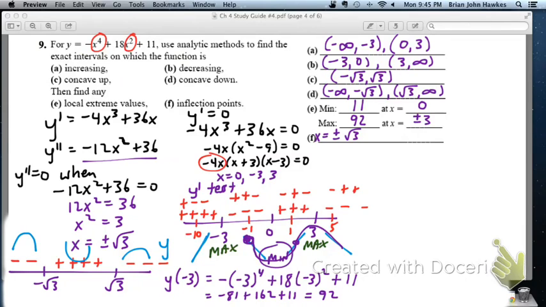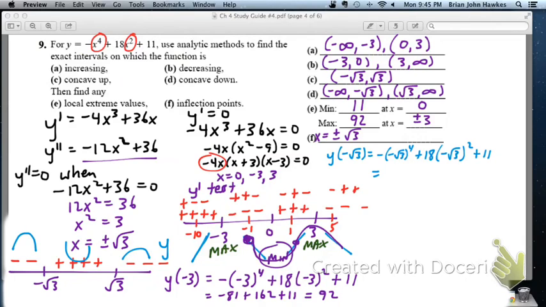I'm not really excited about finding our y values, but I guess we could. Might as well do that, round out the problem. y at negative radical 3 would be equal to negative negative radical 3 to the fourth, plus 18 times negative radical 3 squared, plus 11.